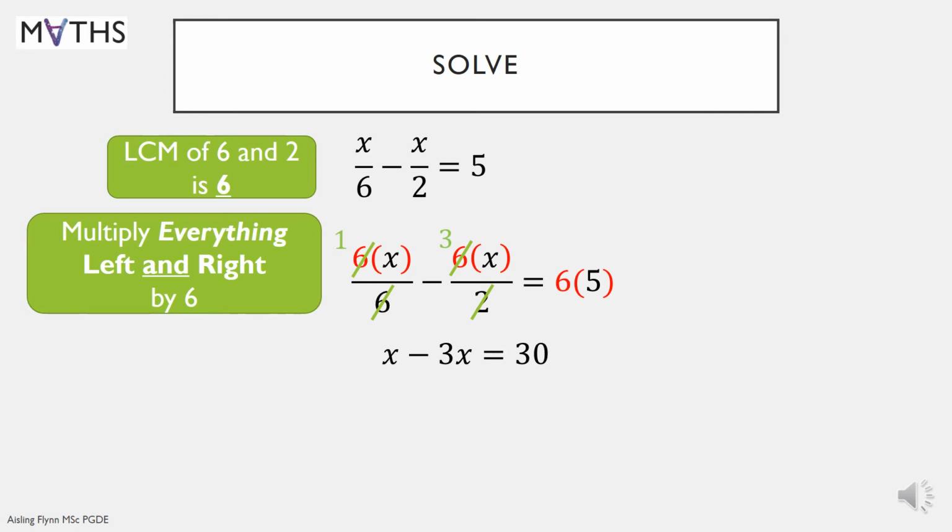Okay, and now our equation looks far more simple. We have 1x minus 3x equals 30. On the left, we have minus 2x equals 30. Divide by the coefficient of x, whatever's beside it, minus 2, and you'll get your 1x equals minus 15.